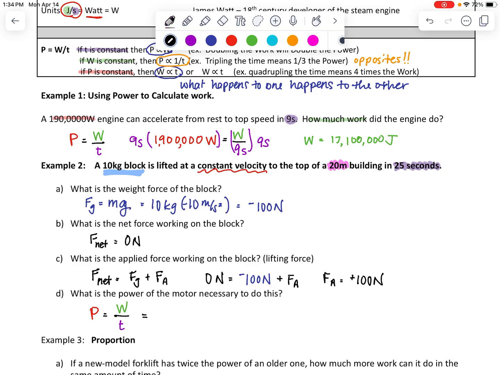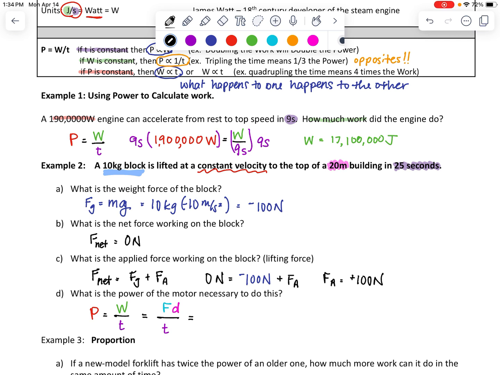My work equation is force times distance, over time. I just substituted my work equation instead of work.